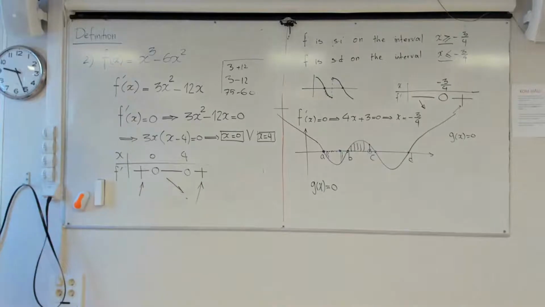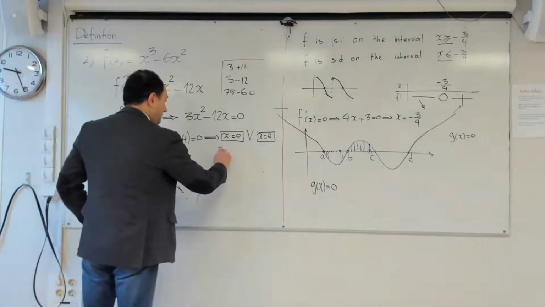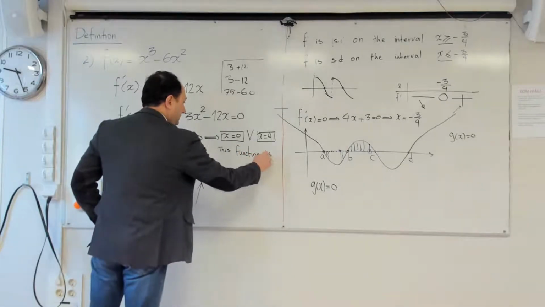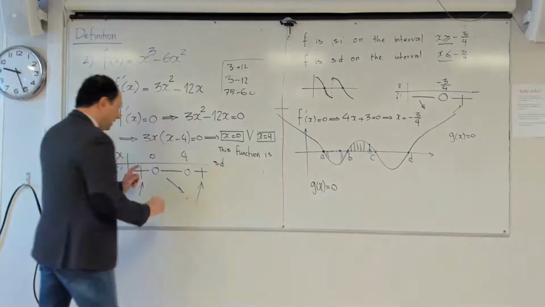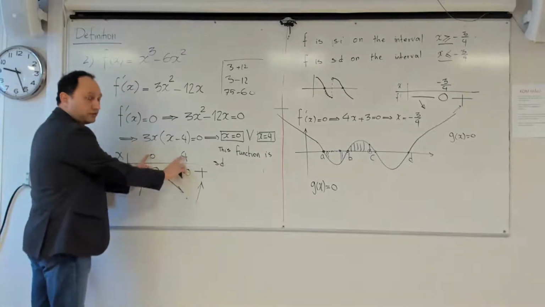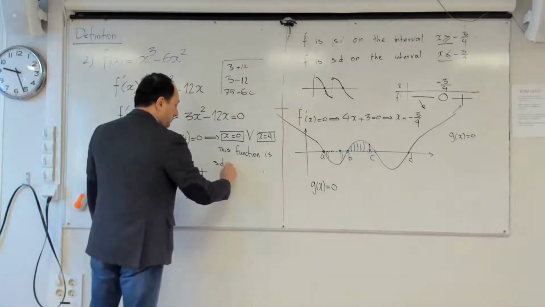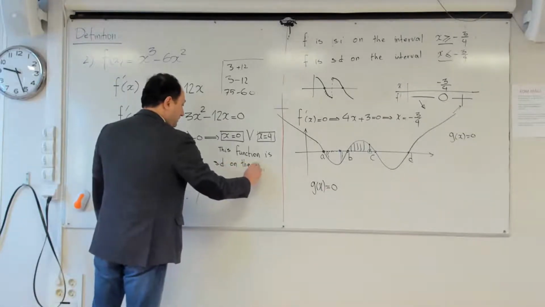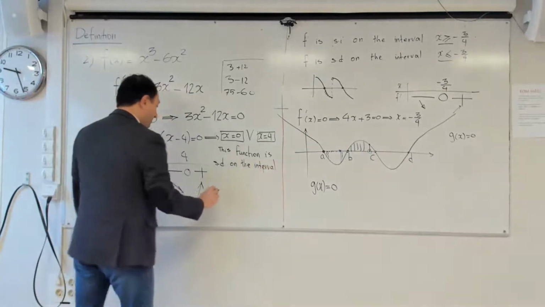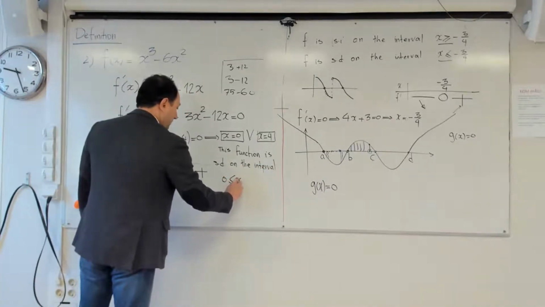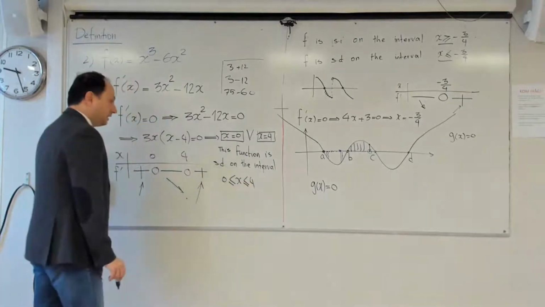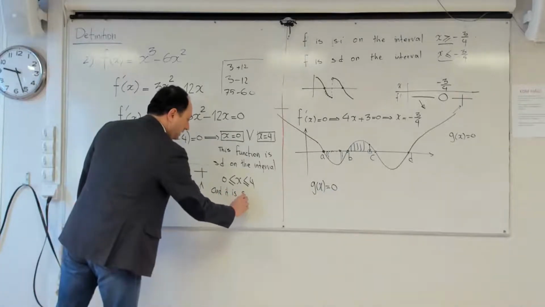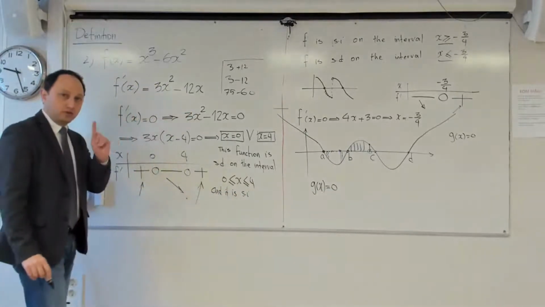But if you want to be precise, I would say that this function is strictly decreasing on this interval between 0 and 4. It is strictly decreasing on the interval 0 to 4. And it is strictly increasing on 2 intervals, not 1.